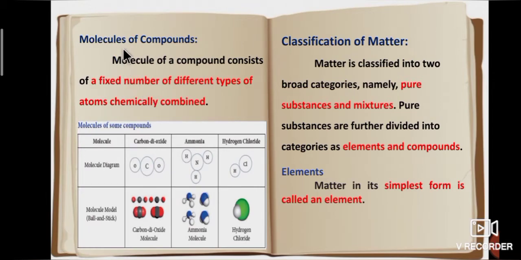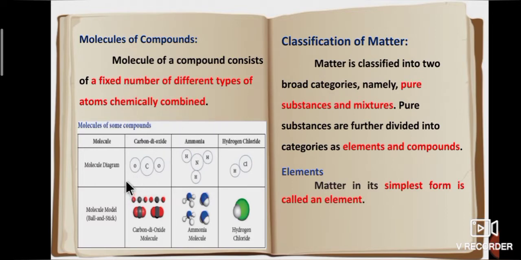Next we will see molecules of compounds. A molecule of a compound consists of a fixed number of different types of atoms chemically combined.